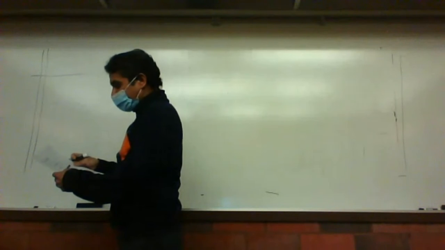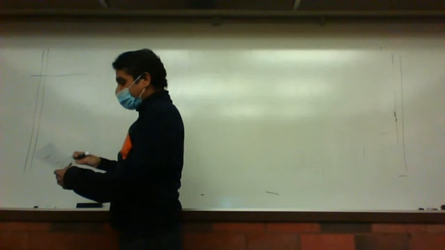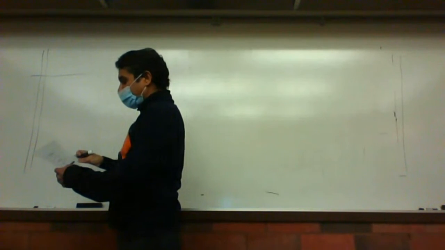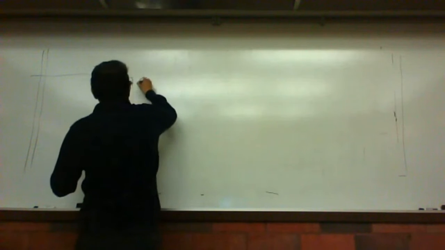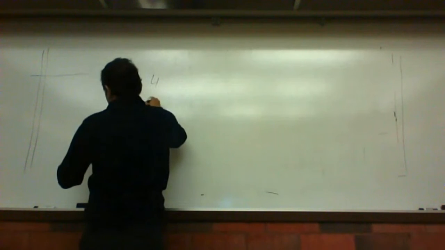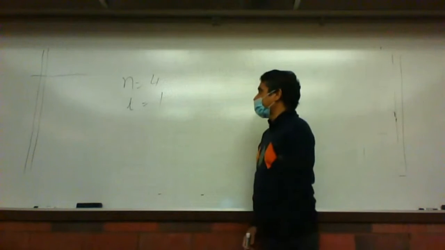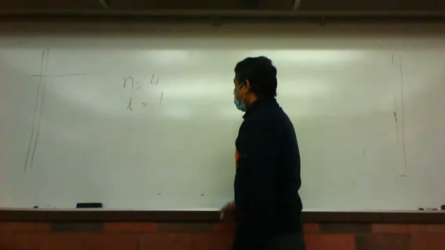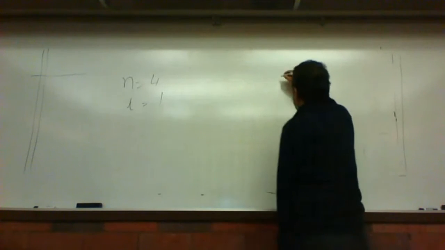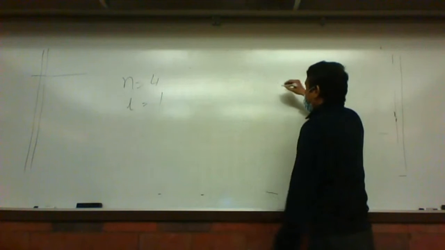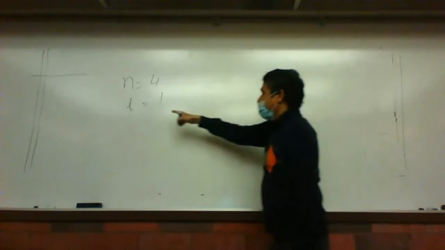Now I'm on slide number 13. What level is given to an orbital with quantum number n equals 4 and L equals 1? What is the name of this one? n equals 4 doesn't need a name, but L has a name.